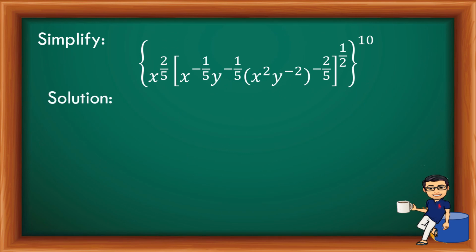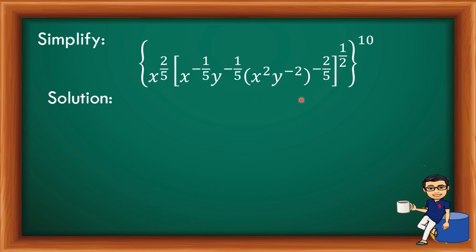The solution. But before that, it is very important that we know the order of operations. Remember that with this expression, there are three grouping symbols involved: the braces, the bracket, and the parentheses.